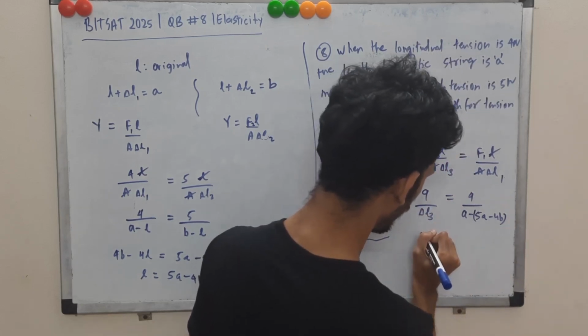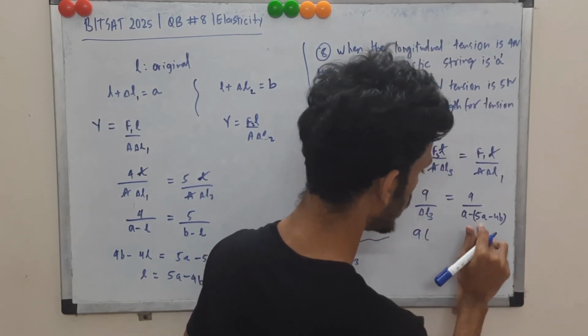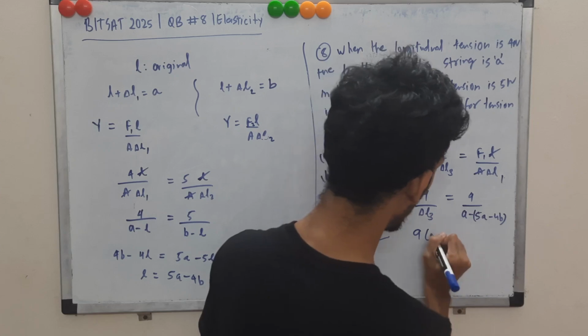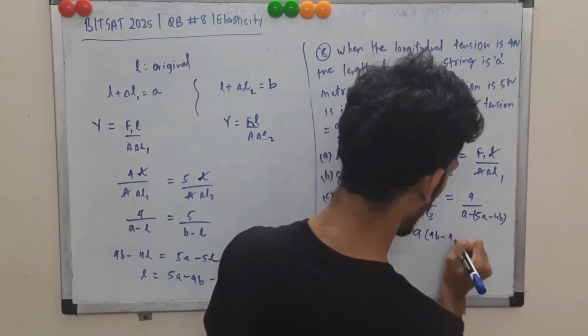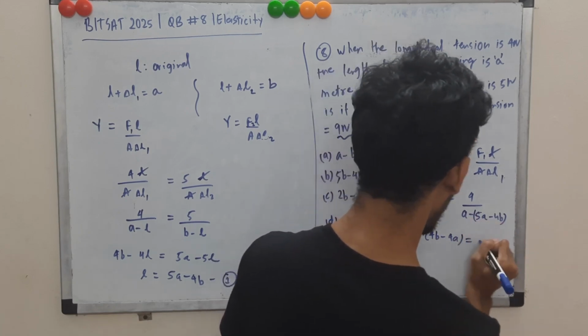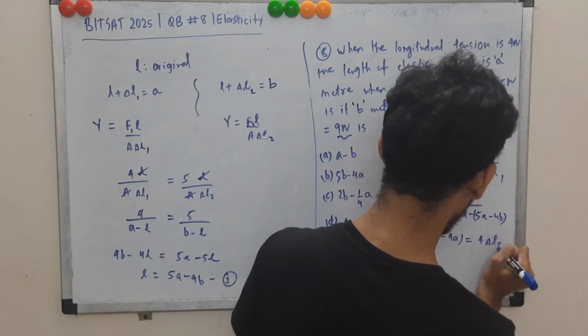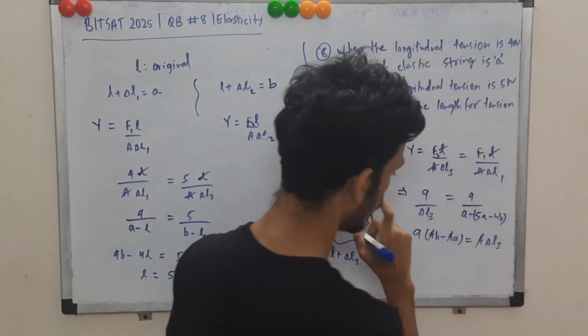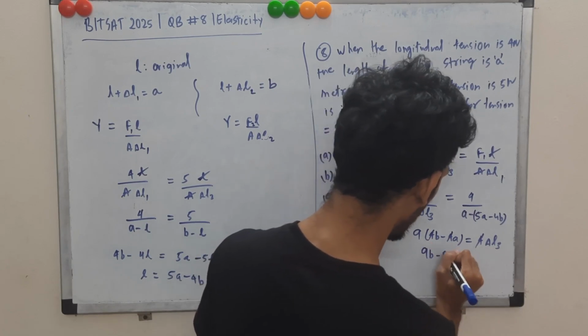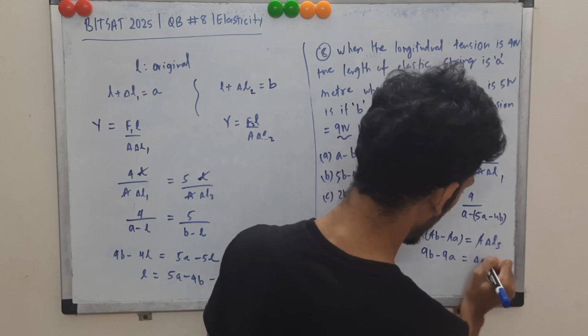So here 9 into A minus, I'll directly do this, A minus, so this will become plus 4B minus 4A, right? A minus 5A, that's minus 4A, and here I have 4 times delta L3. This 4 can actually get cancelled throughout. So you'll have delta L3 as 9 times B minus 9 times A.